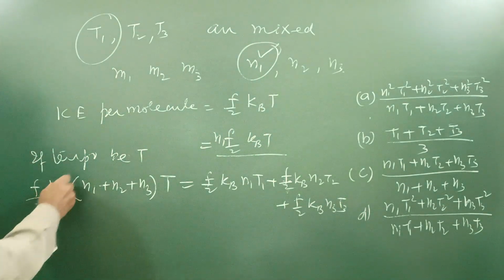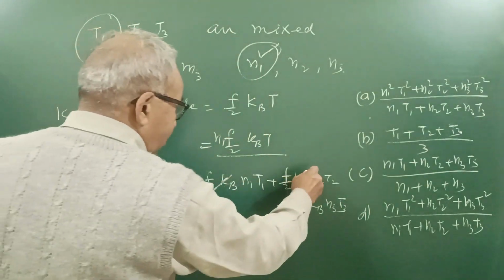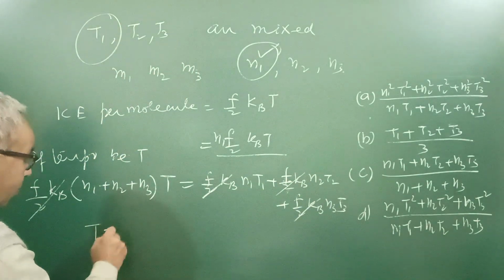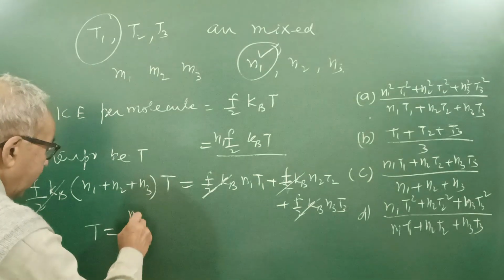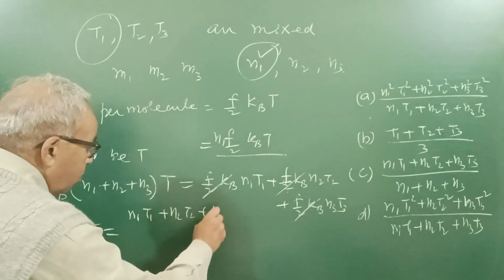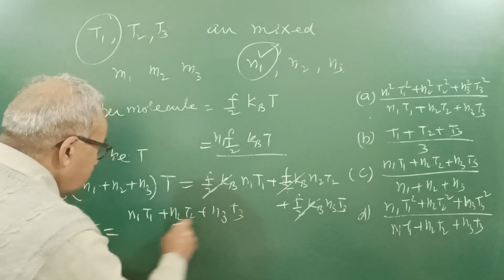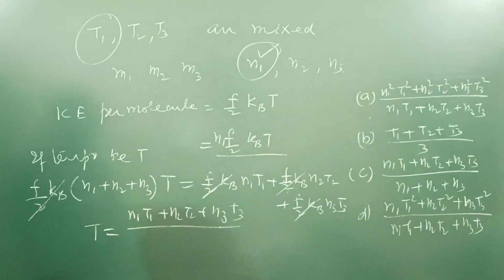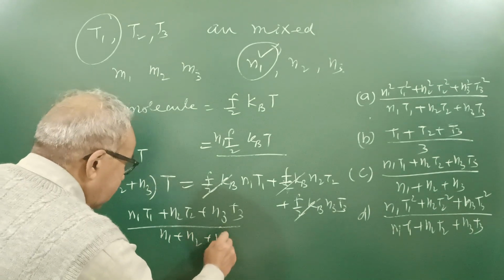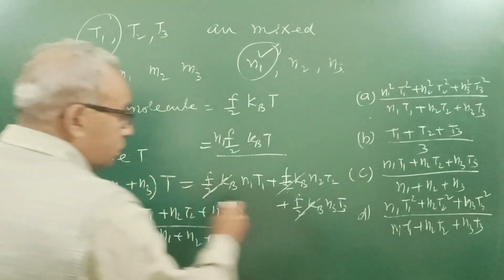So this cancels everywhere, and T is equal to N1 T1 plus N2 T2 plus N3 T3 upon N1 plus N2 plus N3. So option C is correct.